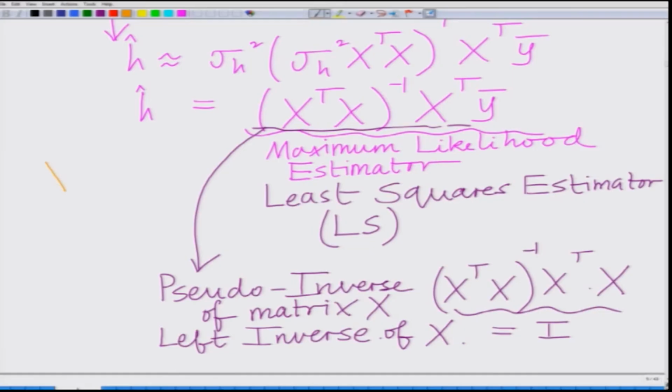Again, this is very interesting, x is n cross m and n can be greater than m, okay, the number of pilot symbols can be greater than the number of antennas.